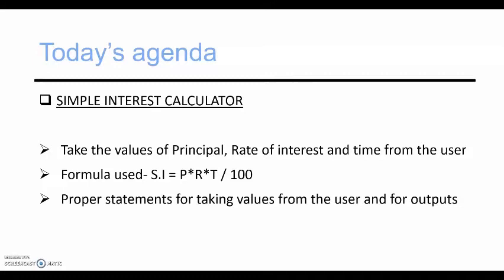So we'll take the values of principal, rate of interest and time from the user, and then we'll use the formula simple interest is equal to principal into rate of interest into time divided by 100. And of course, just like every other code, we'll require proper statements for taking values from the user and also for displaying the output. So now let's just see how we have done this.